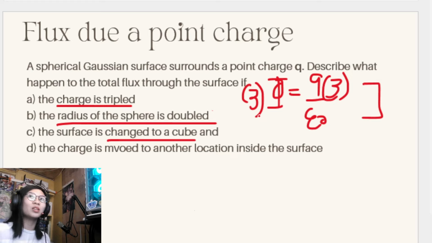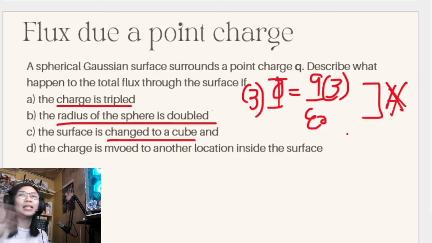So kung ang flux atong sphere siya, pag i-change nimo siya into cube, same na gihapon. Again, same explanation, wala tay A sa ato ang formula. Therefore, walay maka-affect. Changing the surface will not affect your electric flux inside the Gaussian surface.